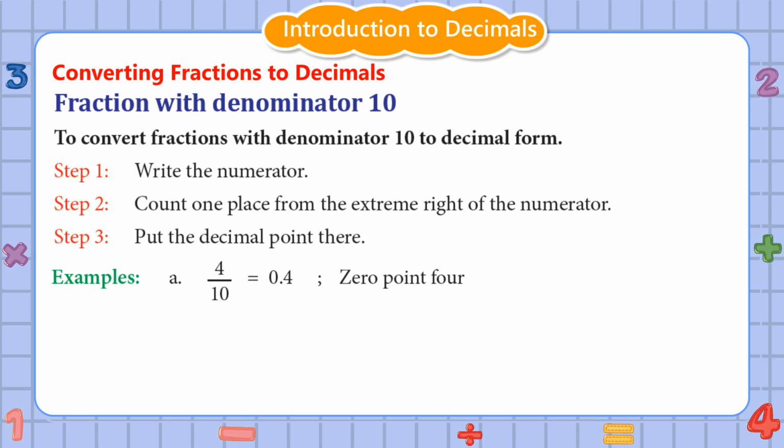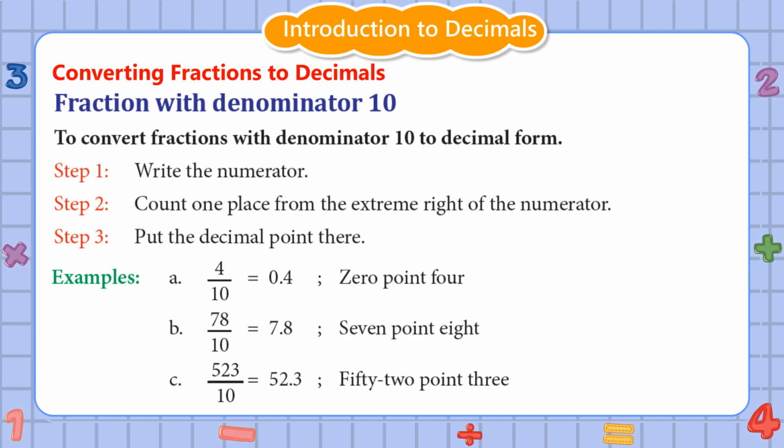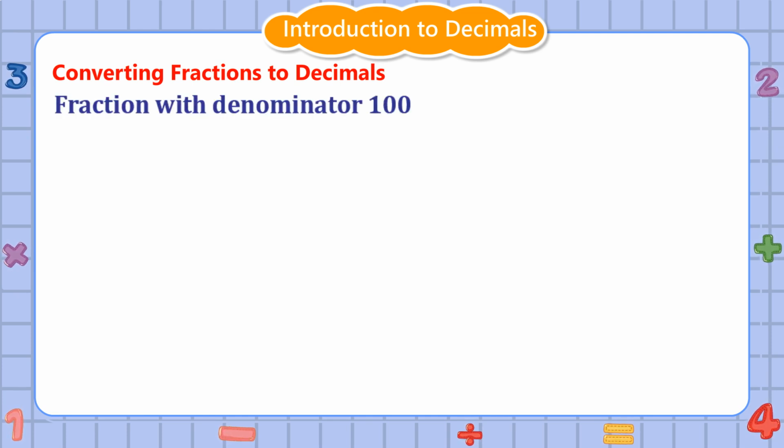A. 4 upon 10 is equal to 0.4. B. 78 upon 10 is equal to 7.8. C. 523 upon 10 is equal to 52.3.